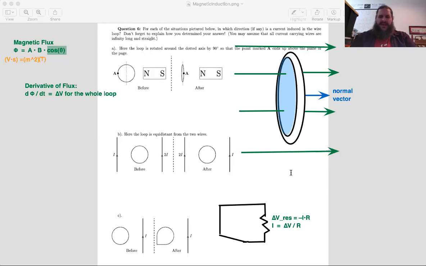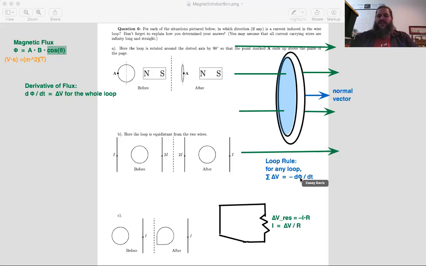Strictly speaking, that should be negative to account for direction. But the rate of change in flux is essentially an extra term in the loop rule. You get this extra voltage for the loop that depends on how fast the flux is changing.